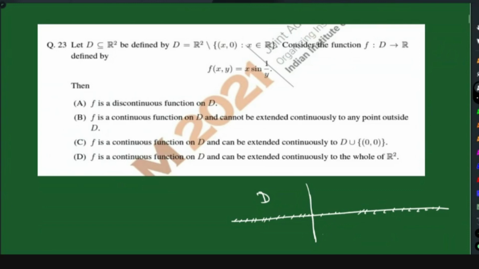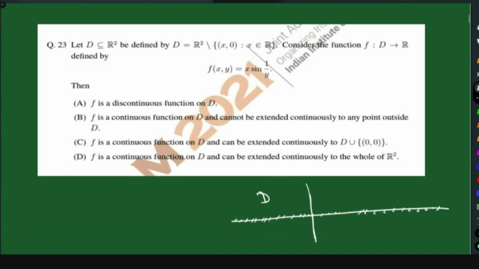Those points I have not included, so wherever the trouble is, I have already removed. So this function is always continuous on the entire domain D. Is that clear? Yes, sir.